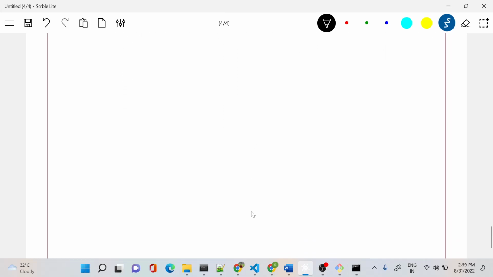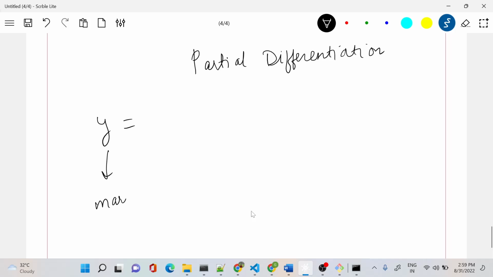Before moving further, if you don't know what partial differentiation is, I'll try to explain it in layman's terms. Suppose you are a student and y is your marks in exam, and it depends on two variables, x and z.